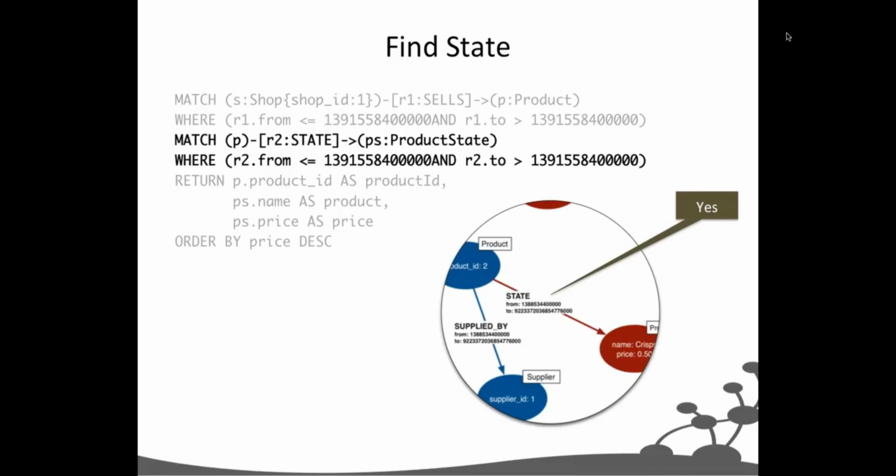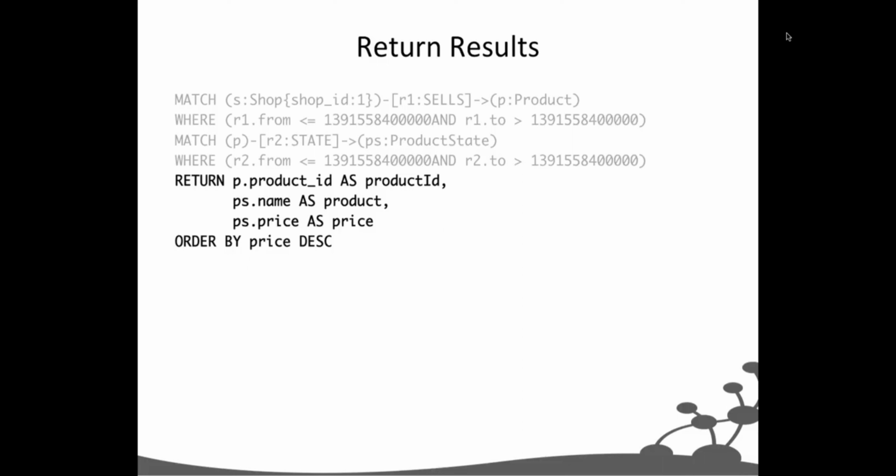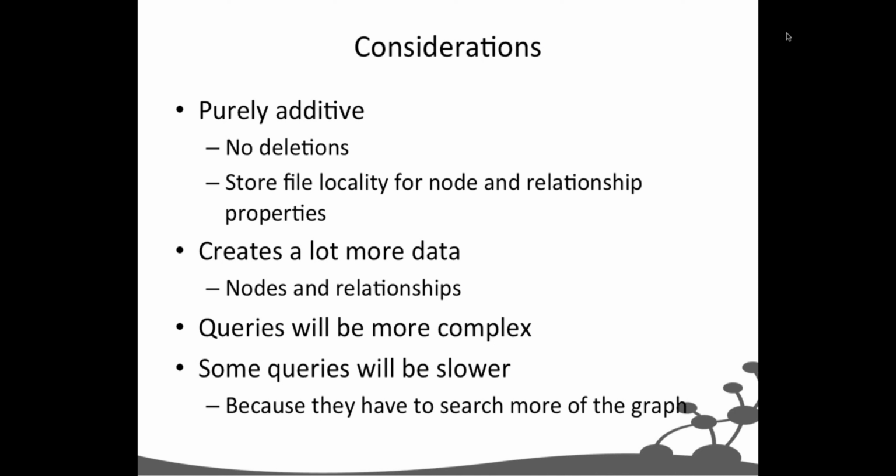We're interrogating all of the outgoing state relationships, the relationships in red, seeing whether the timestamps fall within the period that we're interested in. And in this case, yes, there's one outgoing relationship and it's valid for the period in time that we're interested in. So now we can take the red node at the end there, which represents the snapshot of state for that product at that particular point in time, and we can create the return clause that generates a projection of that data on behalf of the client. Okay.